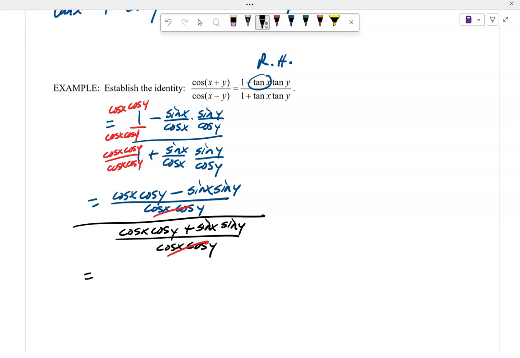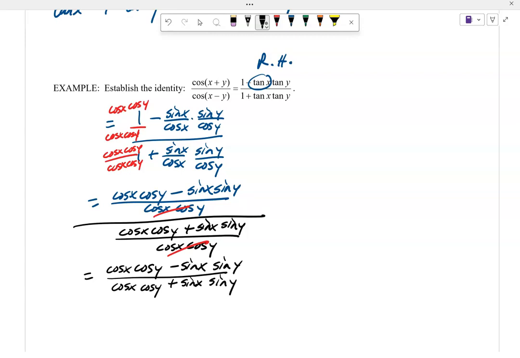And so we'll have cosine x, cosine y minus sine x, sine y, all over cosine x, cosine y plus sine x, sine y.